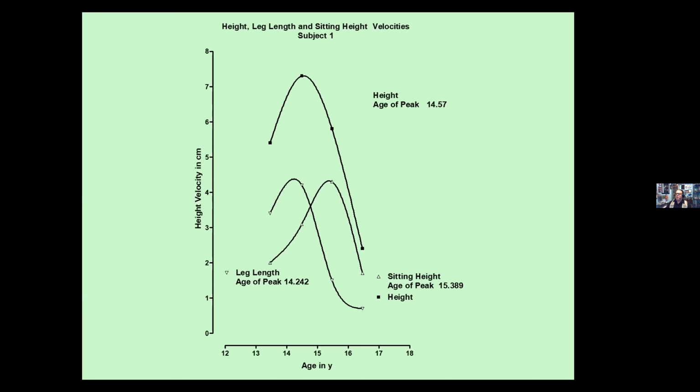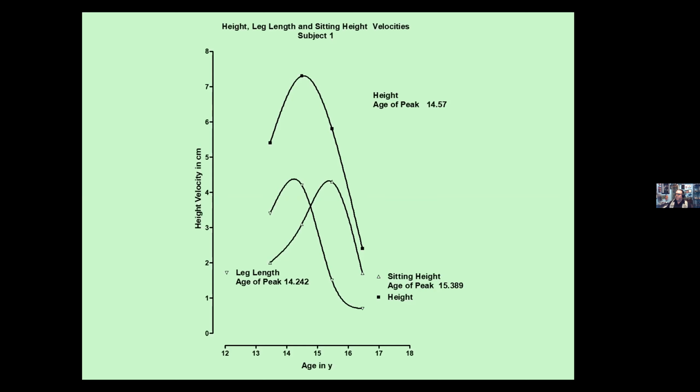Taking that proportionality, and this time taking that same individual, the top graph here shows that we have plotted their graph and showed they had a peak height velocity at 14.5 years of age. If we then plotted their leg length, we found that it peaked at 14.2 years of age.